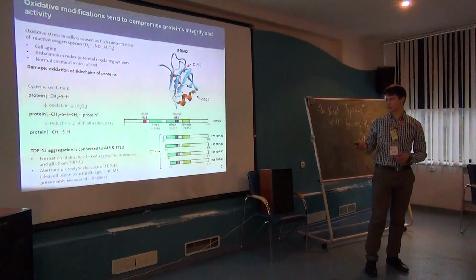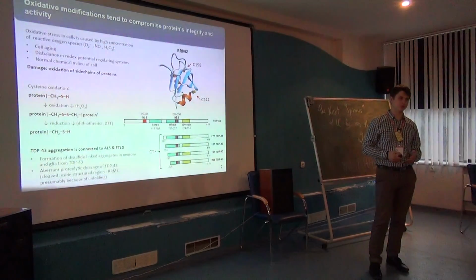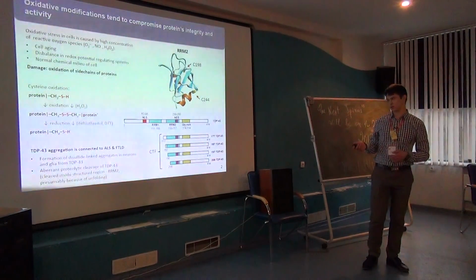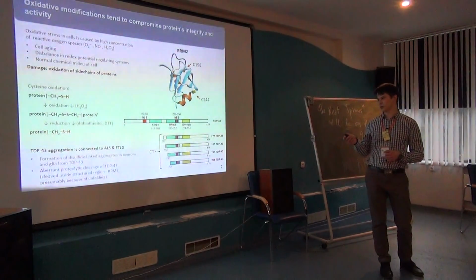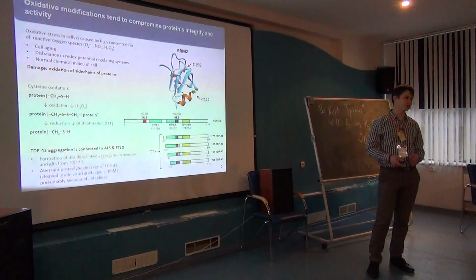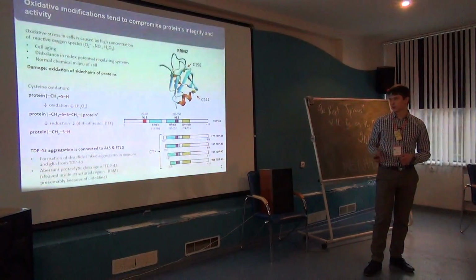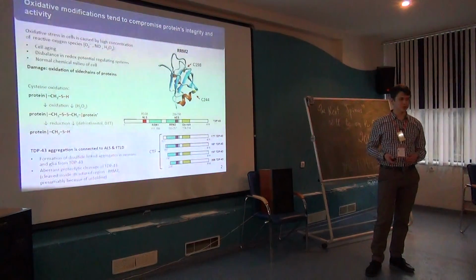And for example, for TDP-43 protein, disulfide linked aggregates are formed in neurons and glial cells in brains of patients who suffer from amyotrophic lateral sclerosis and frontotemporal lobar degeneration. These diseases are widespread and important.